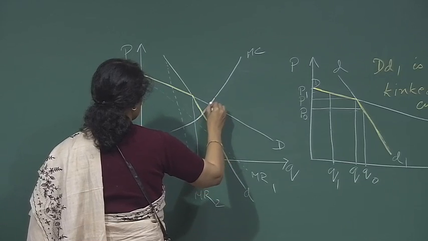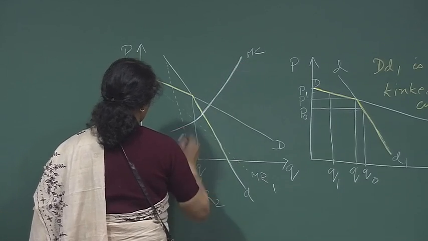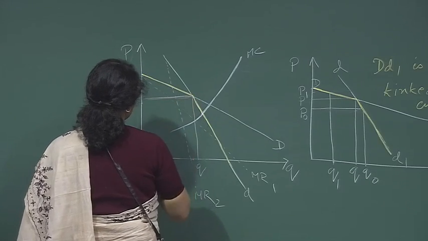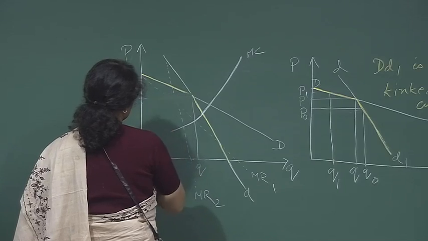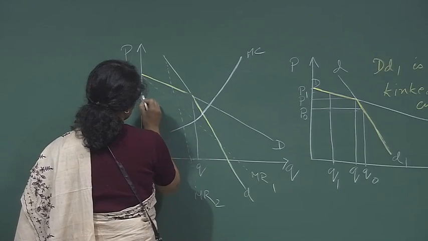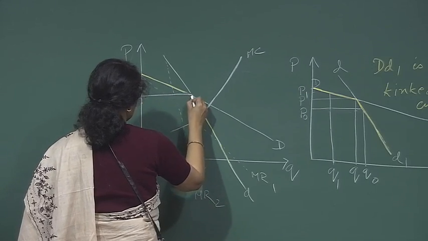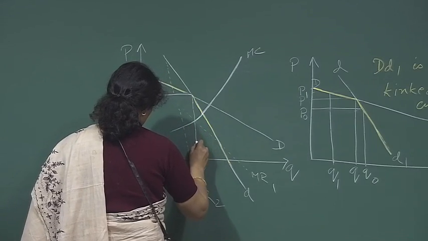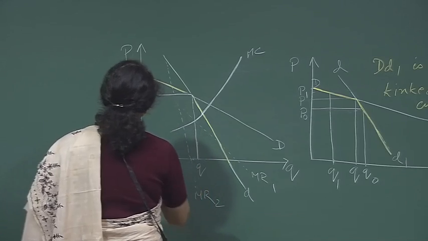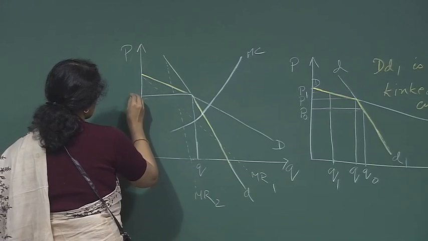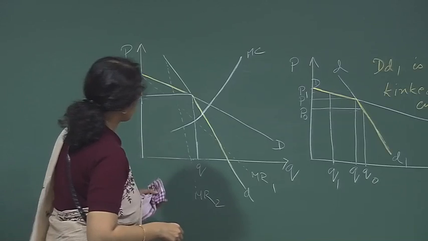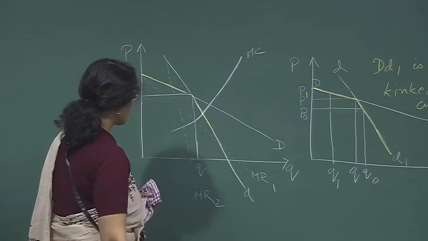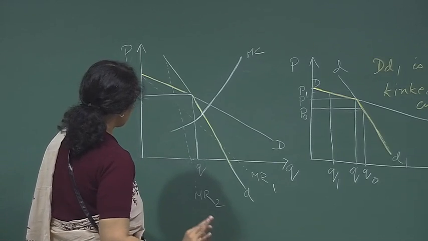So this was the equilibrium price, from the first demand curve, capital D. So this is where the market was stable.